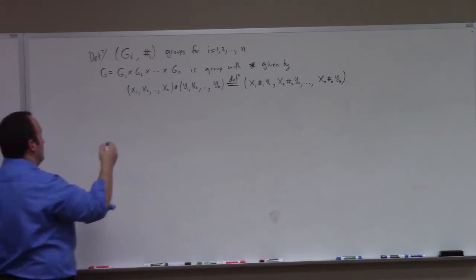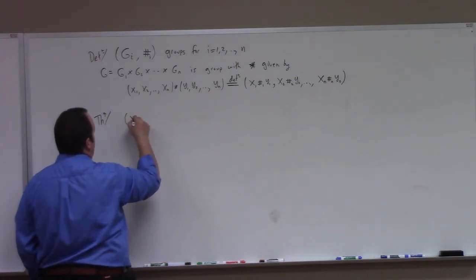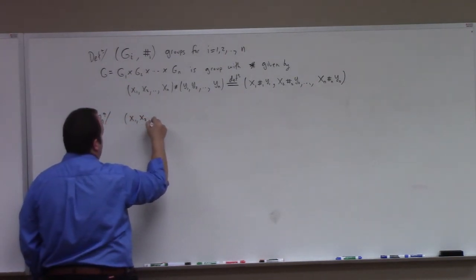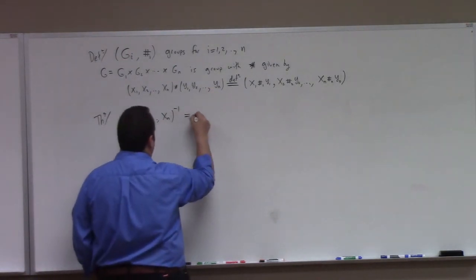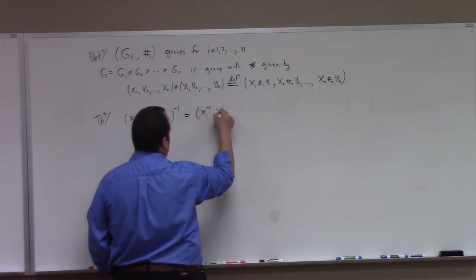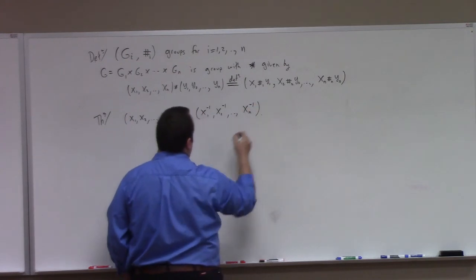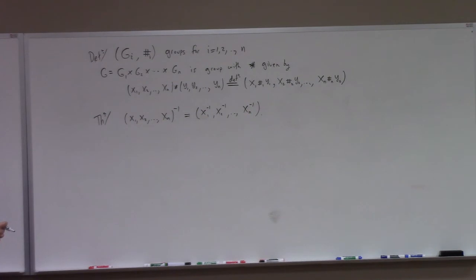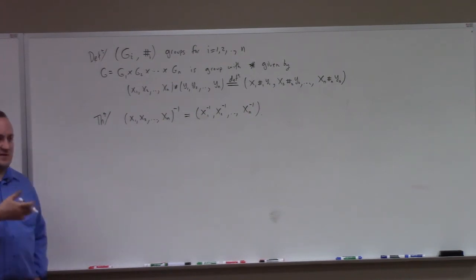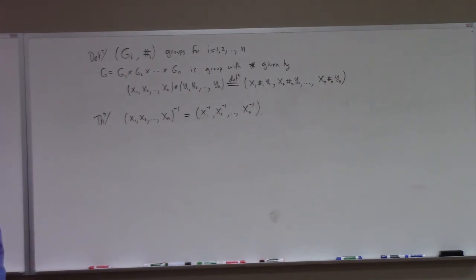So the theorem that I claimed was, if we look at (x1, x2, ..., xn) inverse, it's just equal to (x1 inverse, x2 inverse, ..., xn inverse), where each one of those inverses refers to the inversion inside that particular group, the component inversions, which I will not invent yet another notation for.